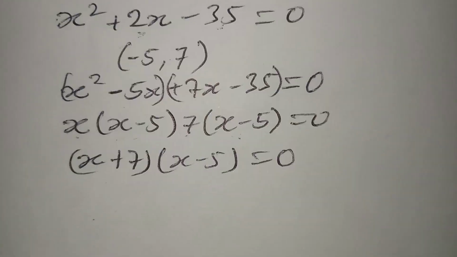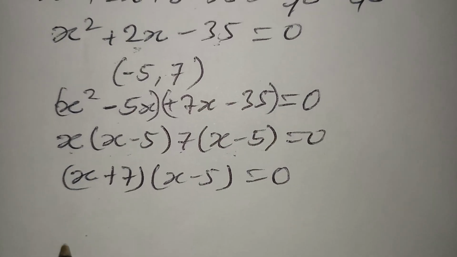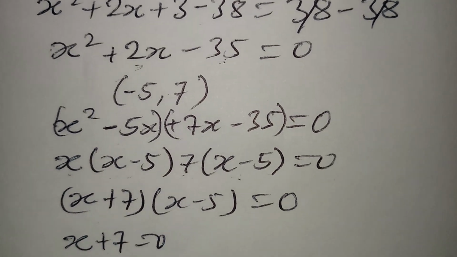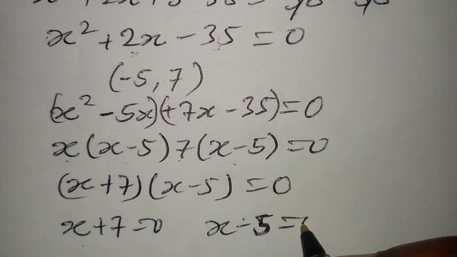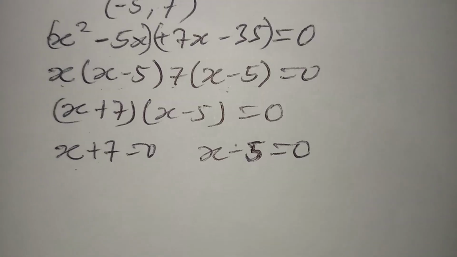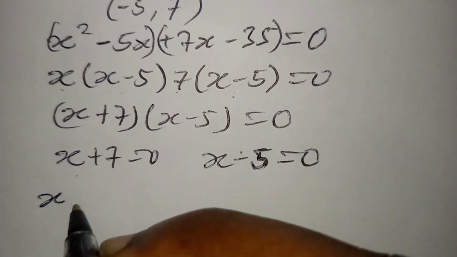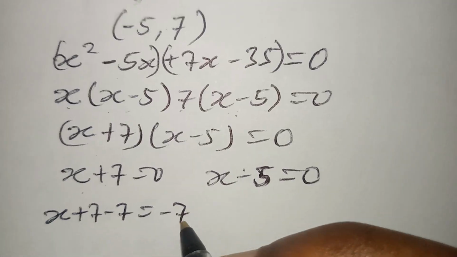So now we have to find the zeros in each term here by equating each term to 0: x plus 7 equal to 0, x minus 5 equal to 0. Here we subtract 7 from both sides. That will be x plus 7 minus 7 equal to minus 7.